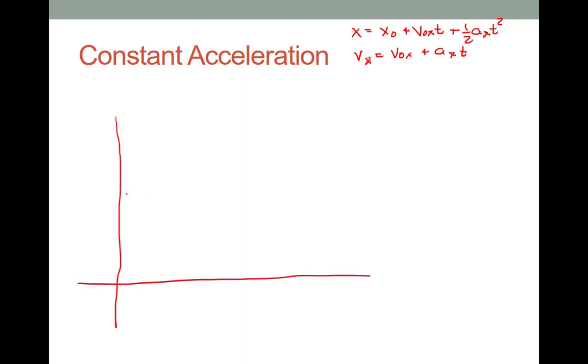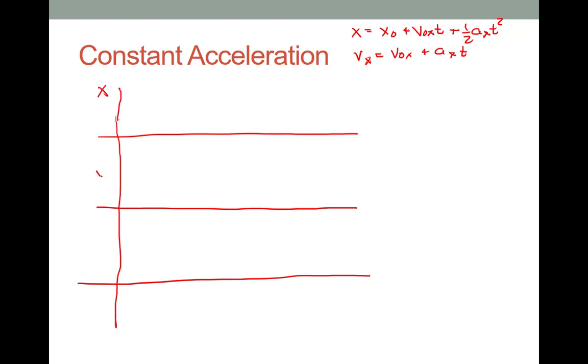Lastly, if we think about constant acceleration, then I have to think about both equations in all their glory with all of their terms. As we have in the last two slides, position, velocity, acceleration, time on the x-axis in all three cases.